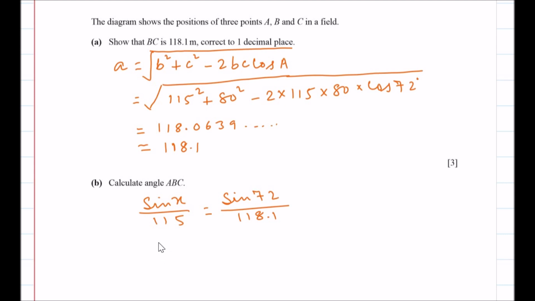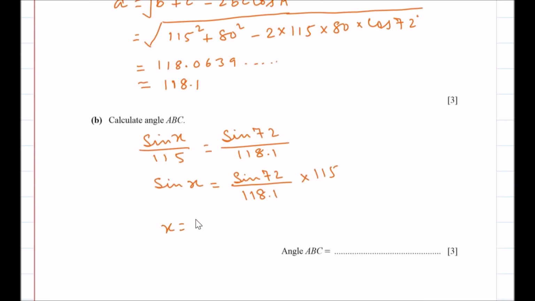Now, so sine X is equal to sine 72 degree divided by 118.1 into 115.